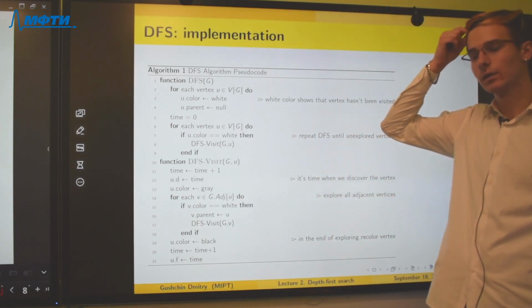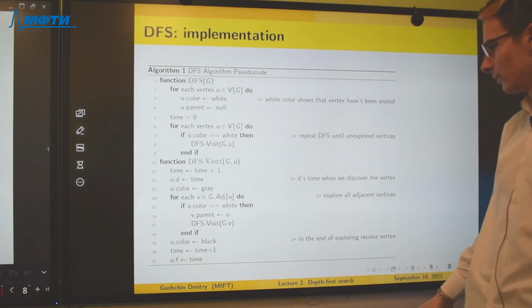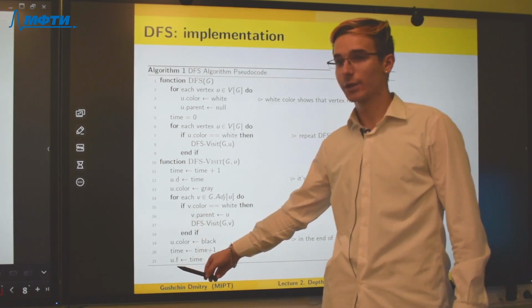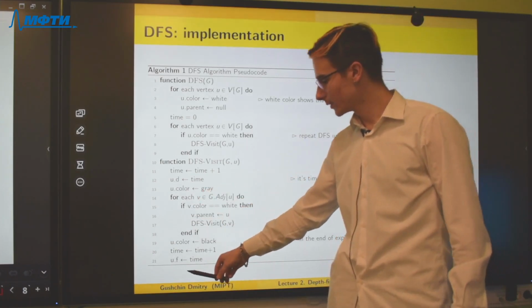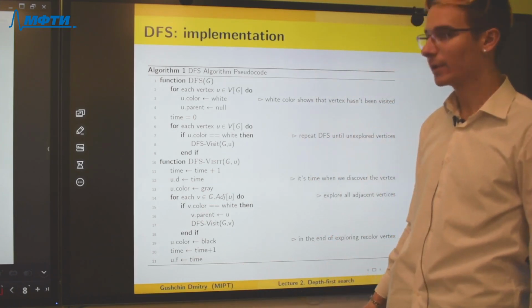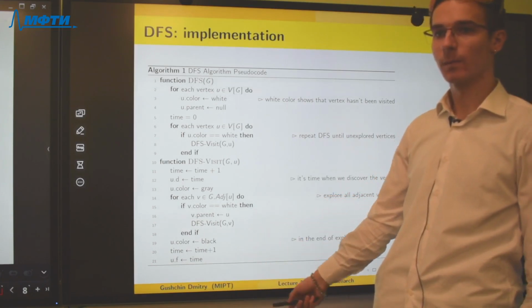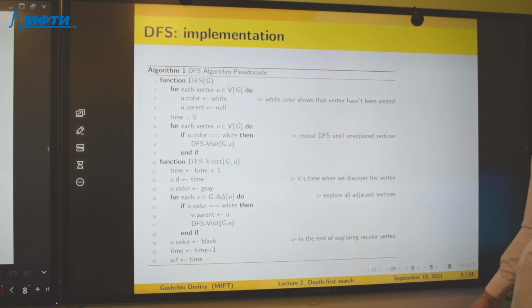Why this last line 21, u.f time? Finish time. It is the time when we finish exploring the adjacent vertices of vertex u. So in applications you can use it, but if you don't need discover time or finish time, you can drop this row from the code.